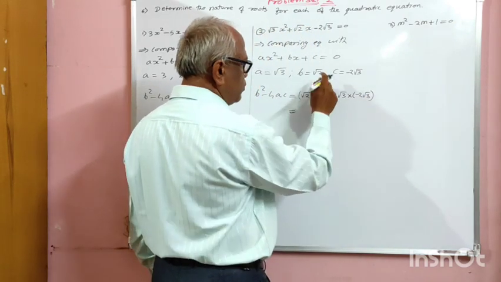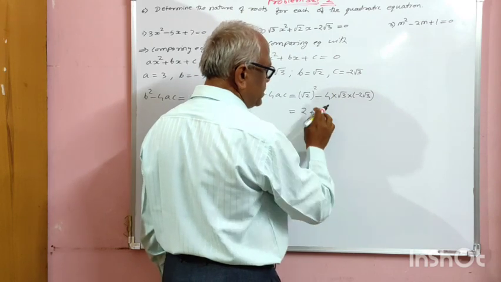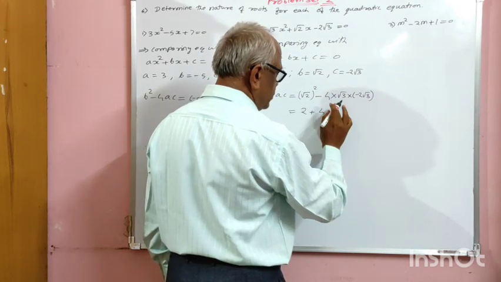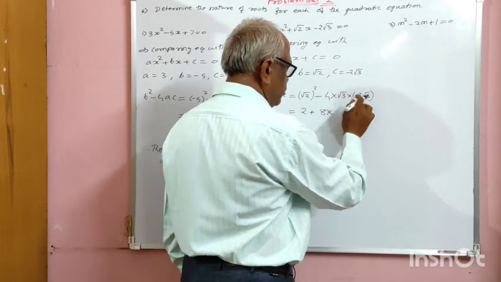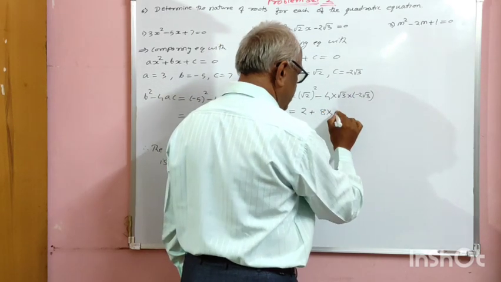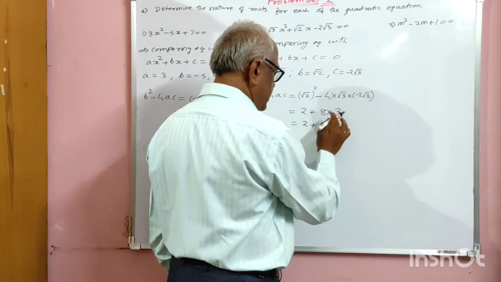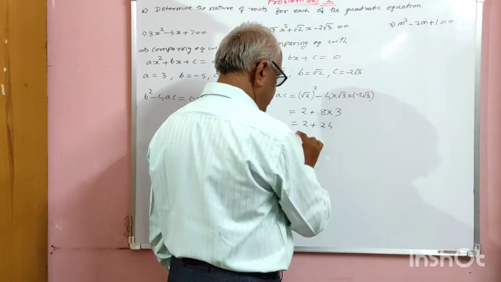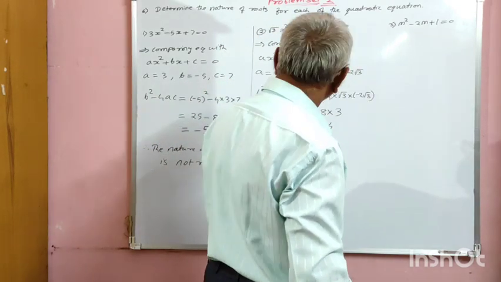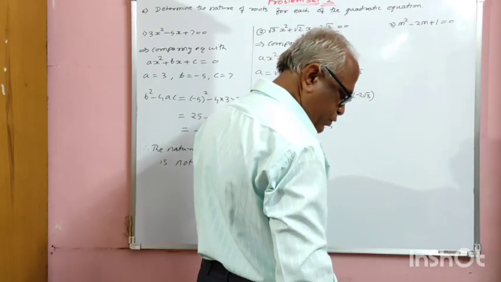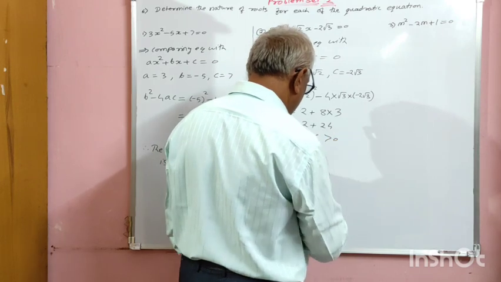Under root 2 square means it is 2, minus into minus, that is a plus, 4 2s are 8, 3 into 3, under root 3 into under root 3, that is 3, which is equal to 2 plus 8 3s are 24, which is equal to 24 plus 2, that is 26 we will get, which is greater than 0.